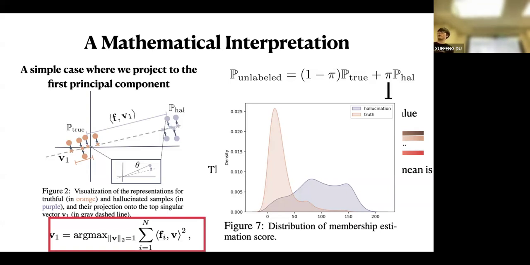So we try 3 different locations for each transformer layer and do ablation studies, which are included in our paper. If you're interested, please feel free to take a look. But the general trend is that language models tend to encode the truthful or hallucination information in the medium layers, and different model families actually perform differently in terms of which location works best for this score estimation.